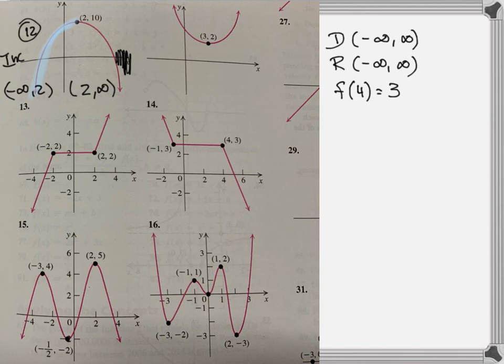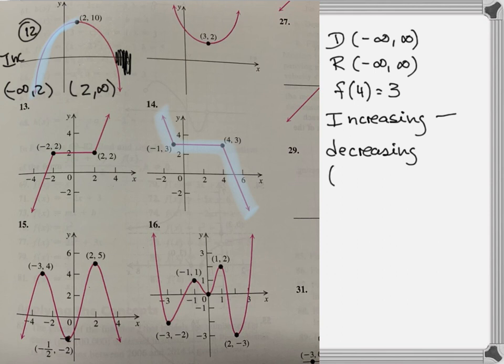Okay, where is this graph increasing? Increasing. Is it increasing? Does my pen go up? My pen does not go up. So it's not increasing whatsoever. Where is it decreasing? No, it's not everywhere. There's a flat line in between.